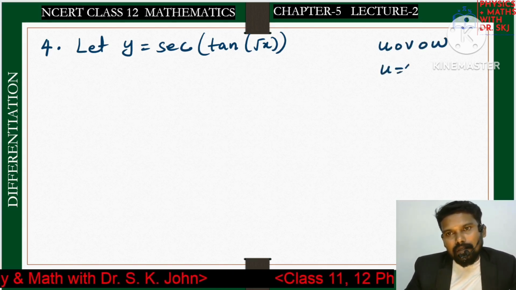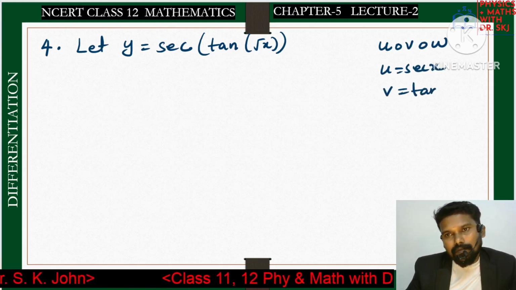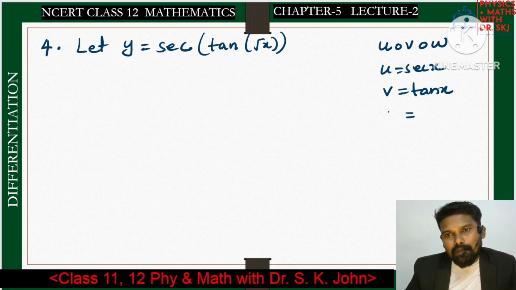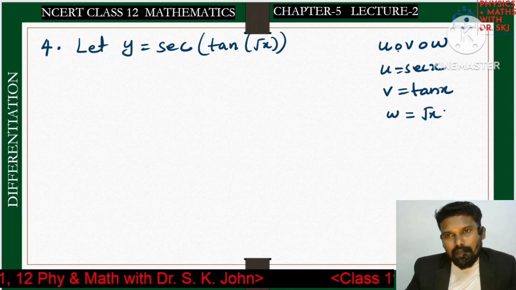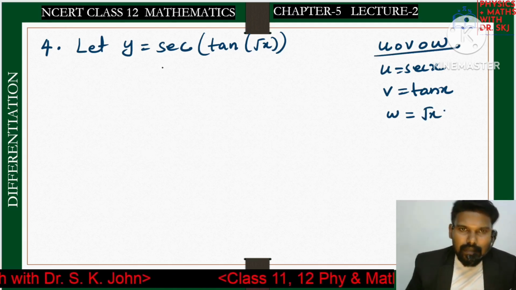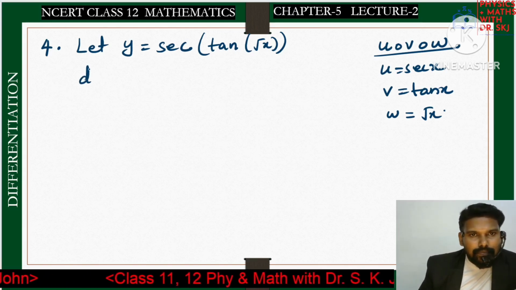What is u here? It is sec x. What is v here? It is tan x. What is w here? w is root x. Okay, so this is the composition of three functions. Now we can easily differentiate this function. I will tell you how.